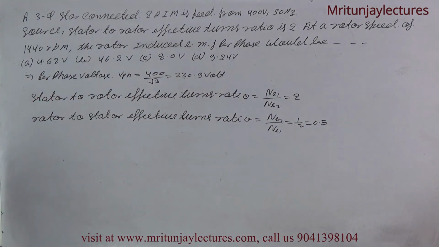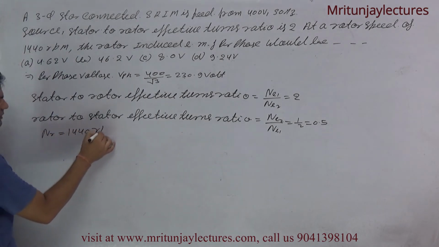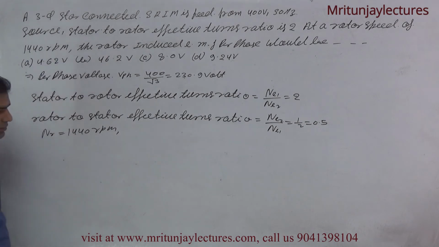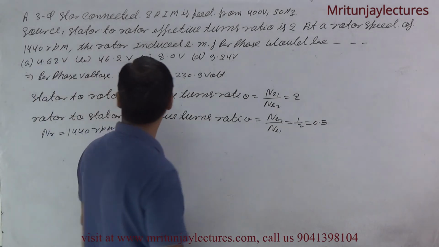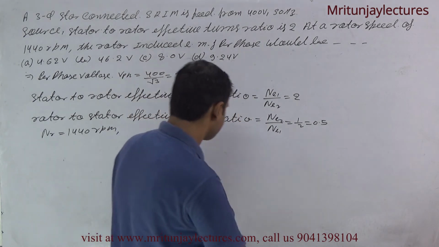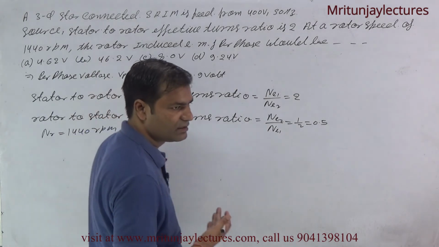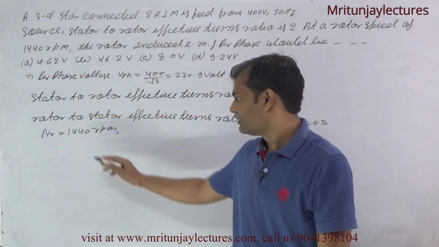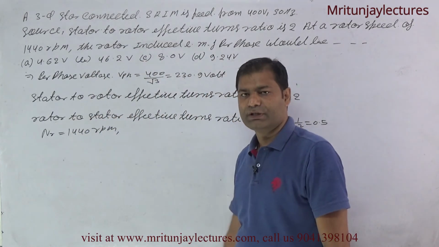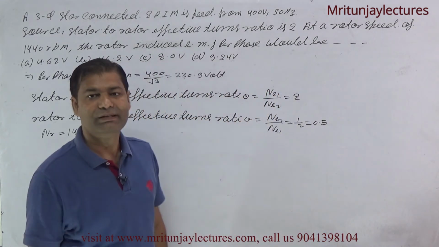Now, rotor speed in RPM. Our aim is to determine the rotor induced EMF per phase in running condition. In running condition, because the rotor is running at 1440 RPM, that's why we determine the induced EMF.